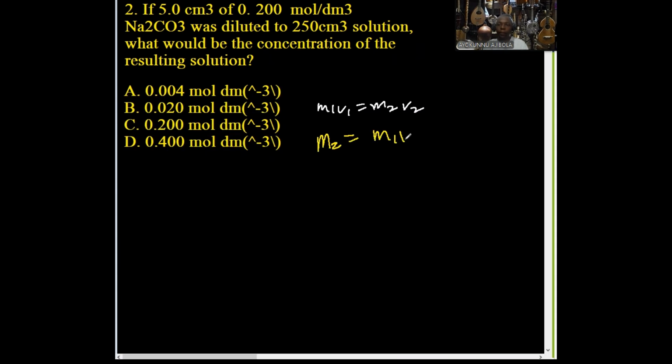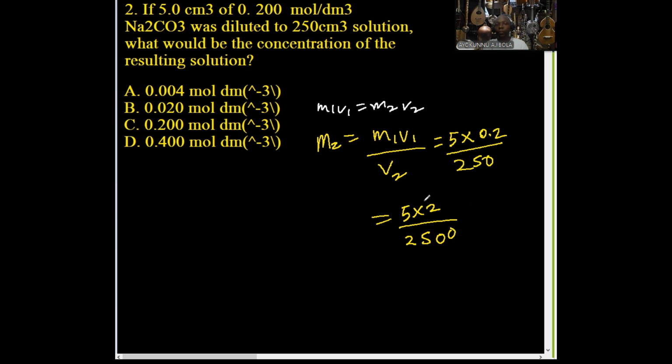That will be M1V1 over V2, which is 5 times 0.2 all over 250.